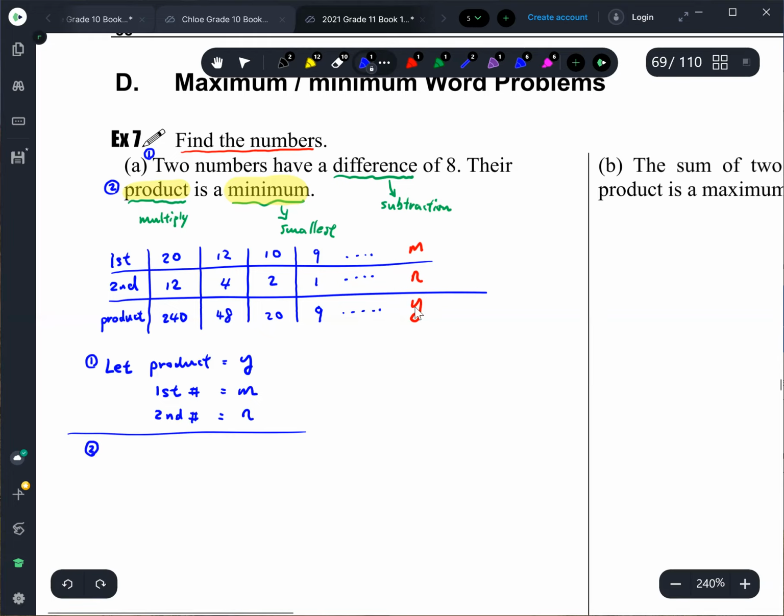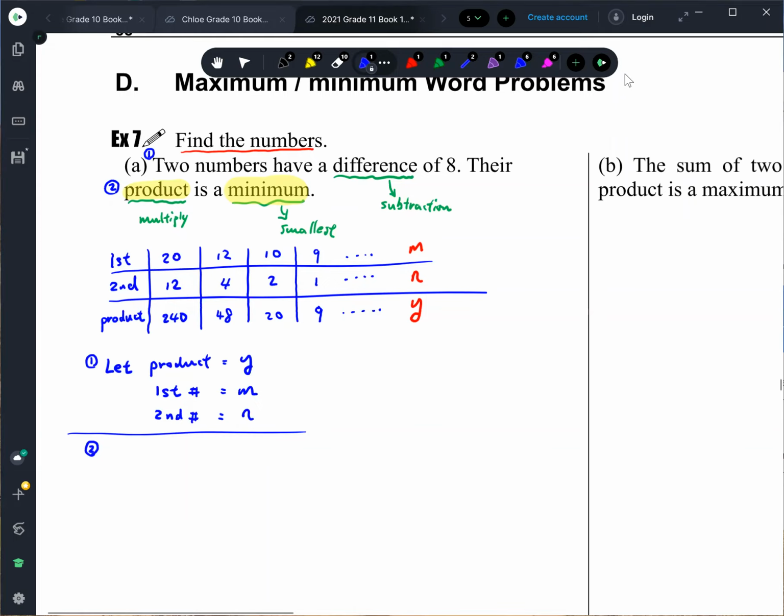So remember, our goal is to try to find two numbers keeping the difference of 8, but at the same time making the product as small as possible. Kat is saying 8 and 0.